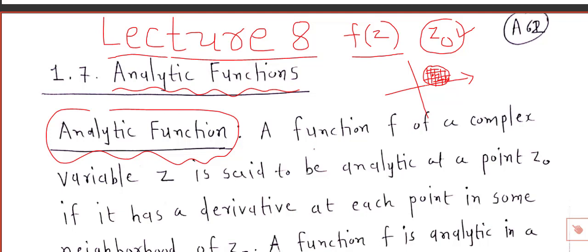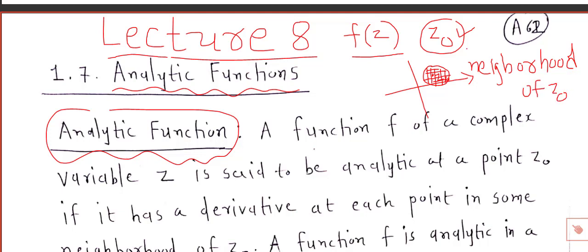Don't worry about the boundary of the circle. The set of all points inside the circle with center z0 is known as a neighborhood of z0.